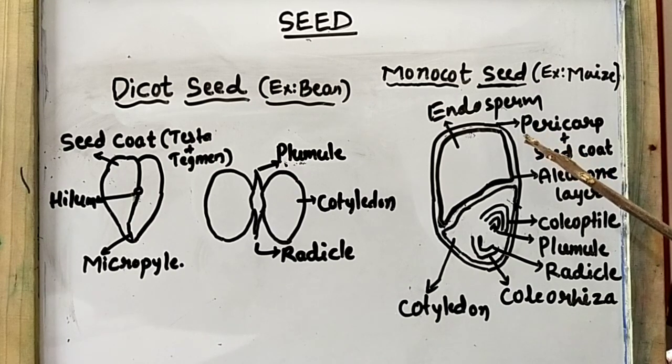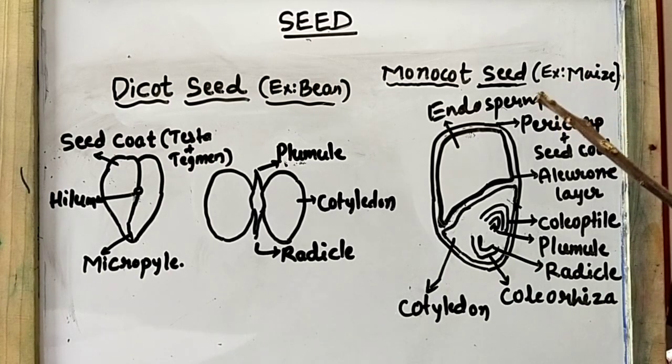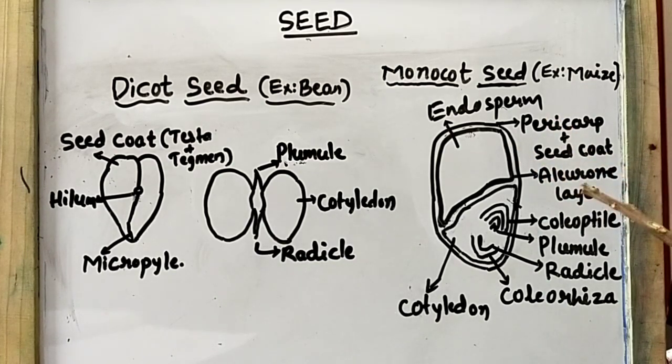Understood? Okay. So now we will study the monocot seed, that is maize. If you see this maize, it also has different parts. What are they? Pericarp, seed coat, aleurone layer, coleoptile, plumule, radicle, coleorhiza, cotyledon and endosperm.